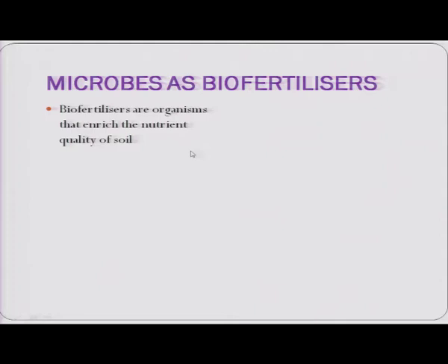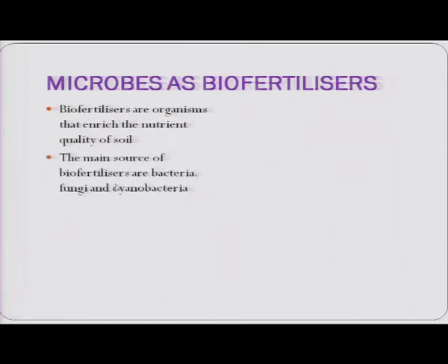We have been using the NPK fertilizer, nitrogen, phosphorus, potassium. These are the most important nutrients which are needed by the plants. These nutrients can be naturally enhanced by using certain microorganism, and such use of microorganism to enhance the nutrient quality of soil is known as a biofertilizer.